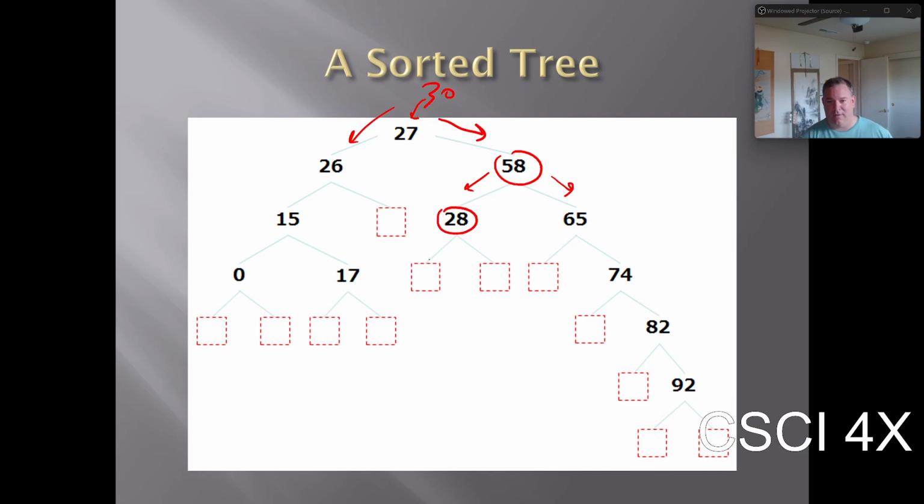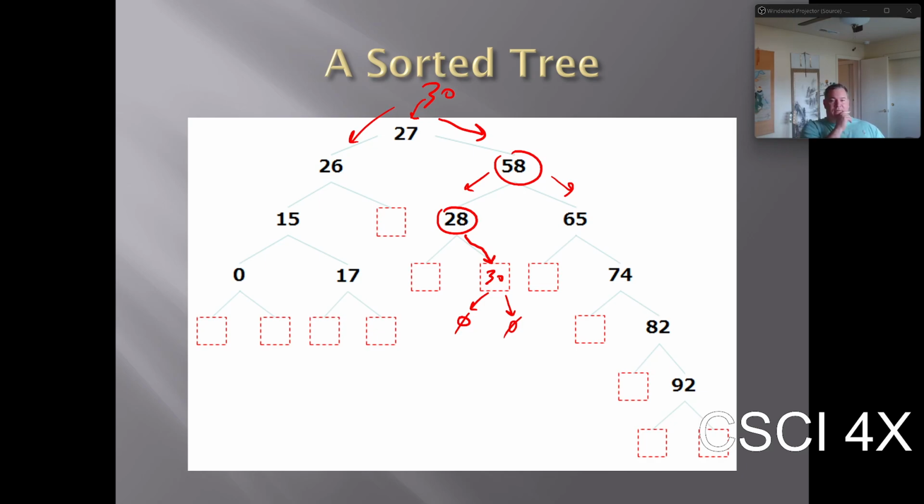Left. Go down to the left, go down to the right. Perfect. Round of applause for Mr. Wallace, everyone. Yeah, so we're going to have a new person inserted right there. Because 30 is bigger than 27, you go to the right. Oh, it's smaller than 58, you go to the left. It's bigger than 28, go to the right again. You guys see how that works? So the dashed boxes here are like null pointers, essentially.